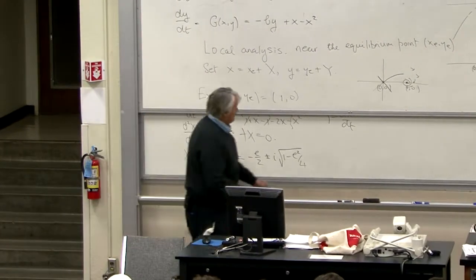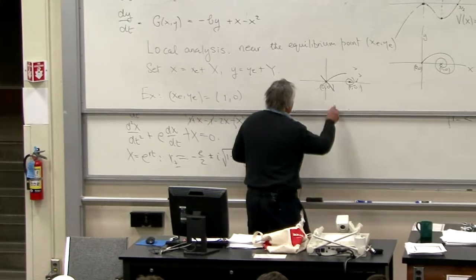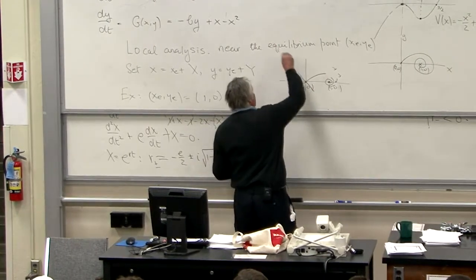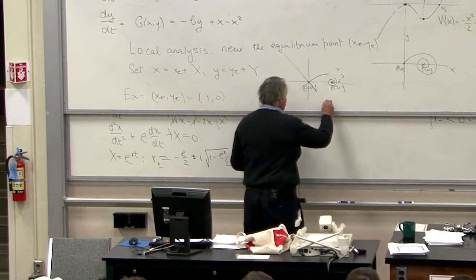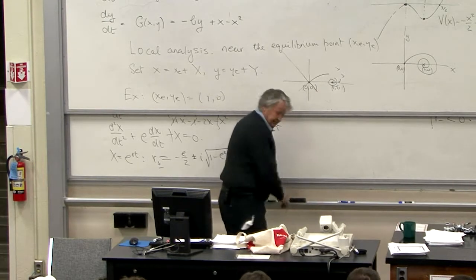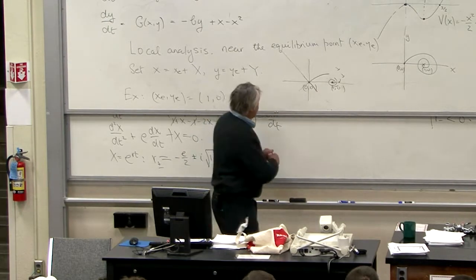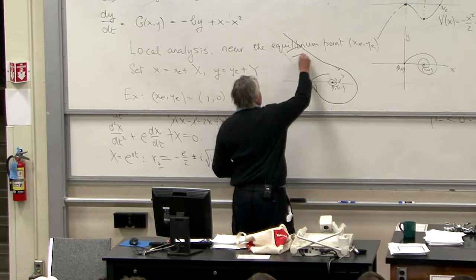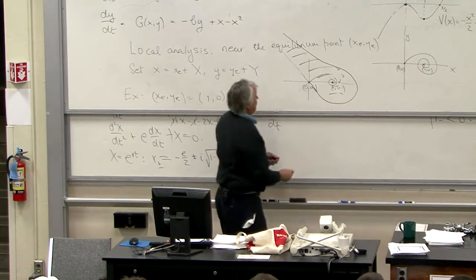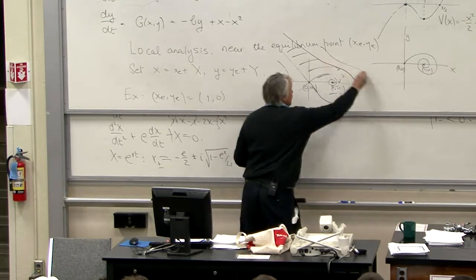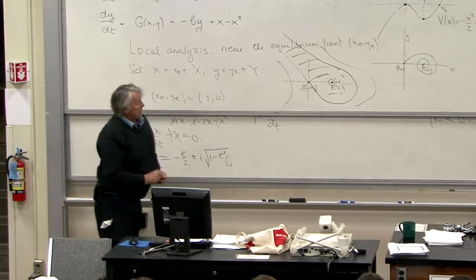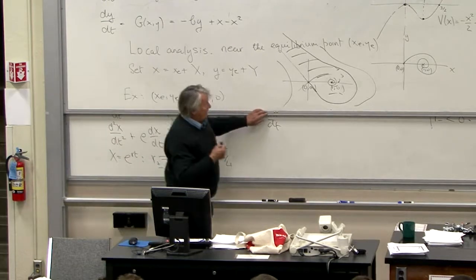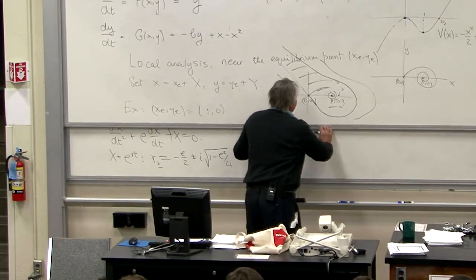What's actually going to happen, as we know here, is this one will go off something like this. This one will come around like this. So this will be the basin of attraction of this point, and then everything out here does this. So the various orbits you can have are the following.